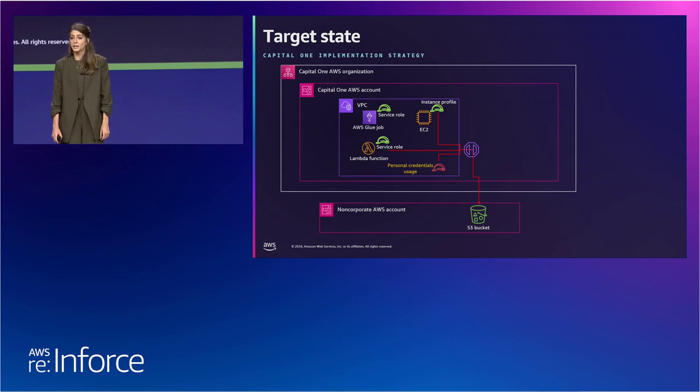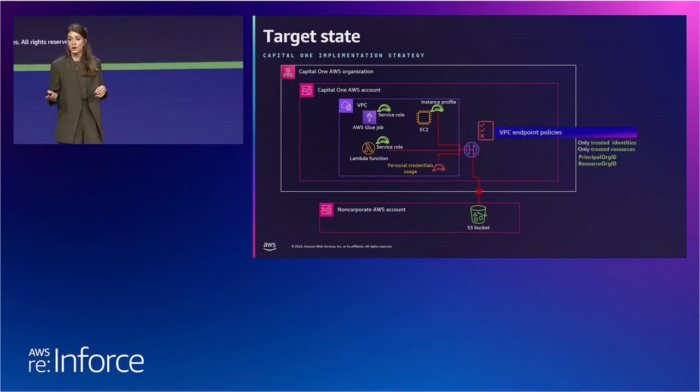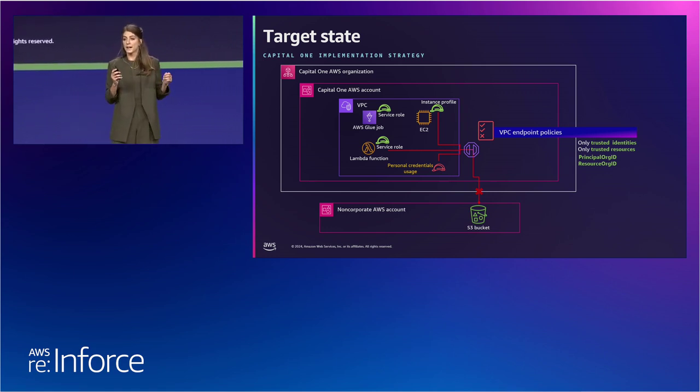Now, when we were thinking about our data perimeter strategy, we had assessed our security objectives, and now we were designing our controls. We knew we wanted a couple things in our data perimeter target state. We wanted to continue utilizing VPC endpoint policies, which would restrict our AWS principals and which resources they were able to access via principal org ID.